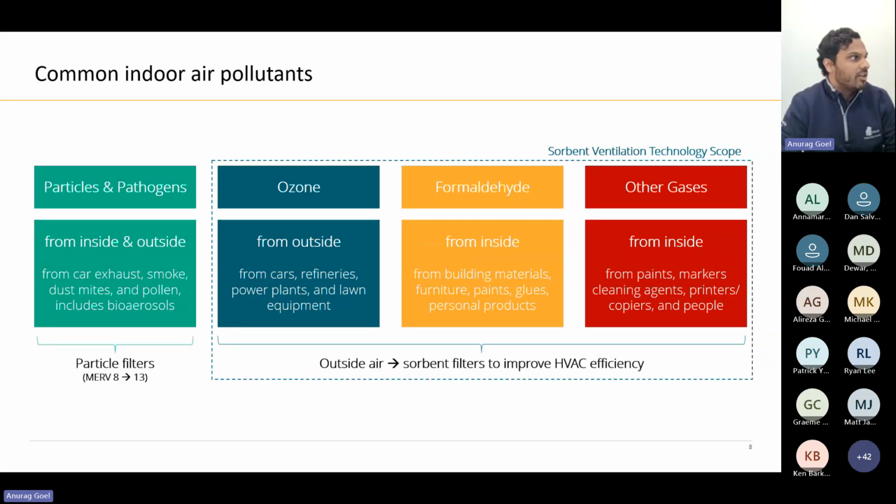Particles and pathogens largely come from OA intakes, and they're addressed through particle filters, such as MERV 13 filter. Then we have a variety of gases that come in that are also in the building. Some examples of those gases are ozone, formaldehyde, and other VOCs. And these gases are typically managed through dilution, aka ventilation.